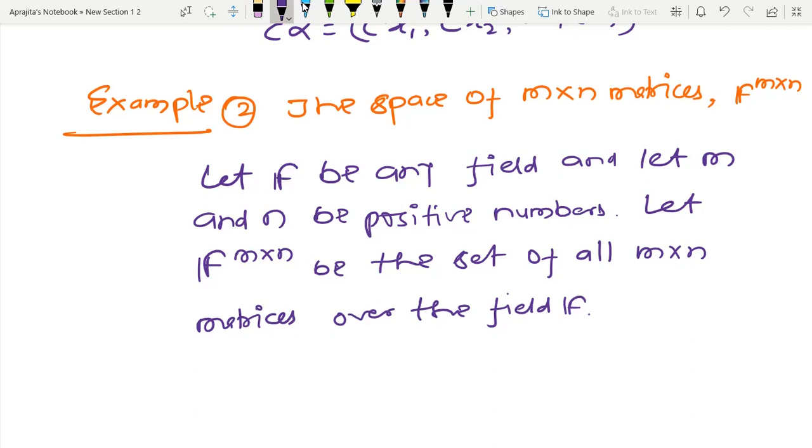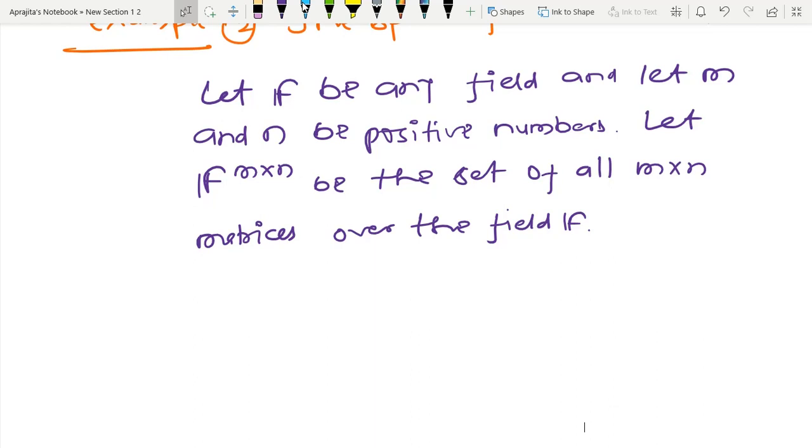Now I have to identify the operations. How basically we are defining the operations is also important.